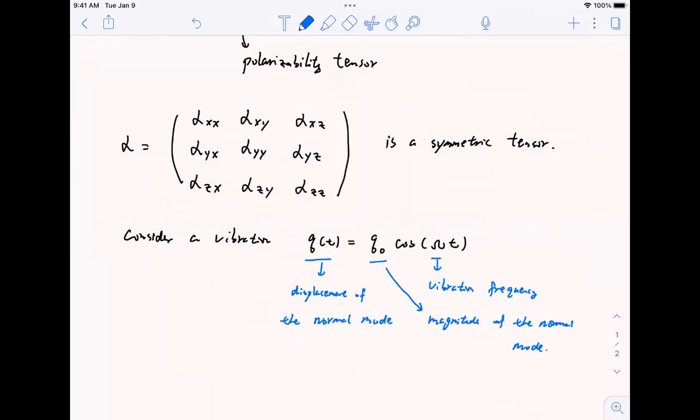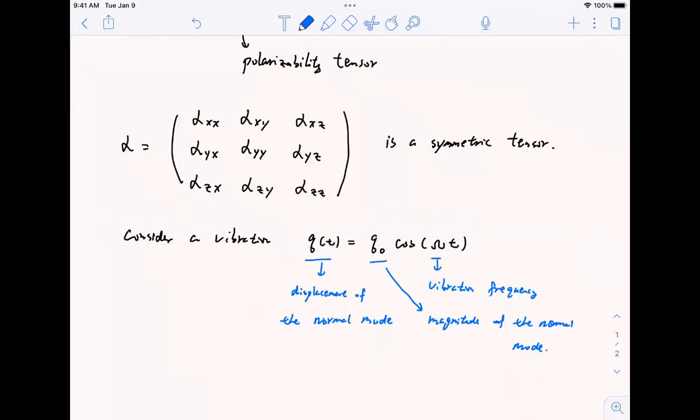Once you get the normal mode by solving the dynamic equations, usually the normal mode will have just one variable, the displacement. It may not be a simple x or y vector, it may be a combination of many things, but eventually you can use just one displacement to represent the normal mode, and it's vibrating like this.